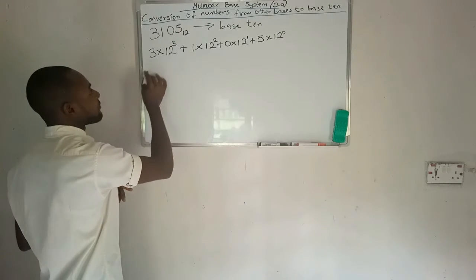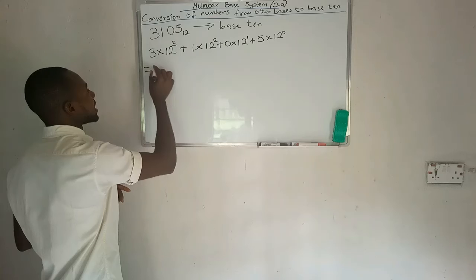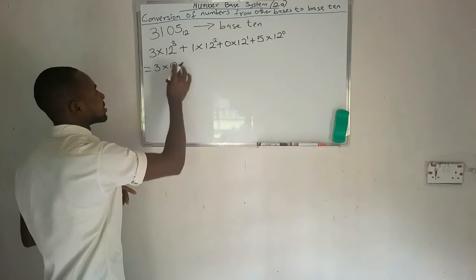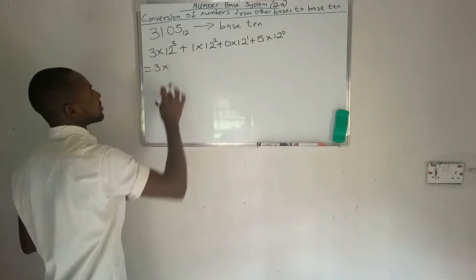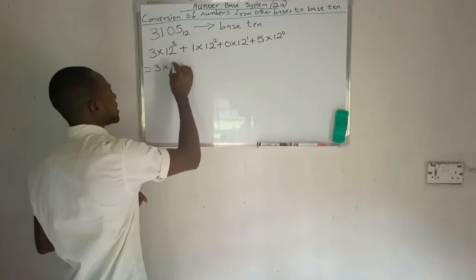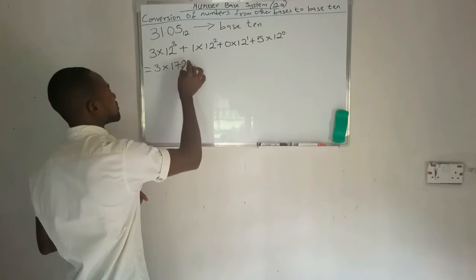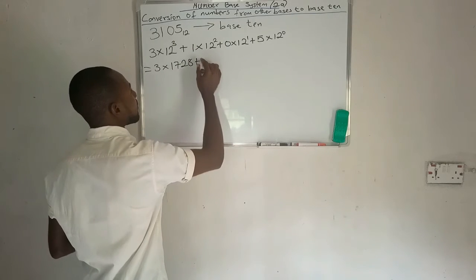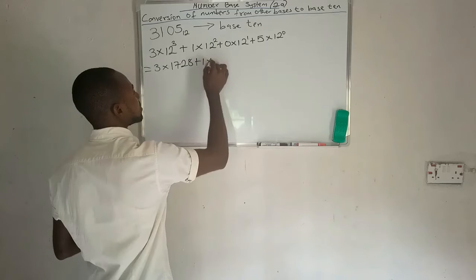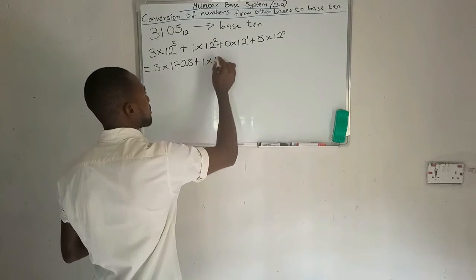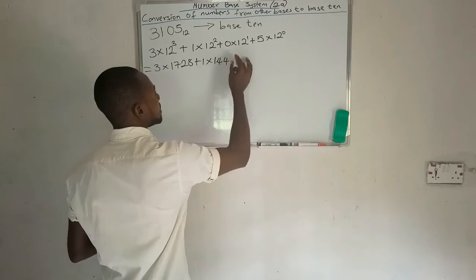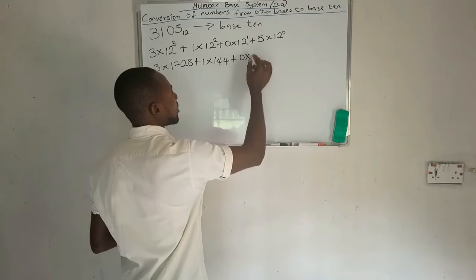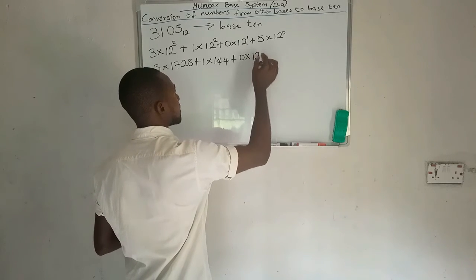simplification. So we'll simplify. I'll have 3 times 12 raised to the power of 3 is 1728. Then plus 1 times 12 raised to the power of 2 is 144. Then plus 0 times 12 raised to the power of 1, which is 12.